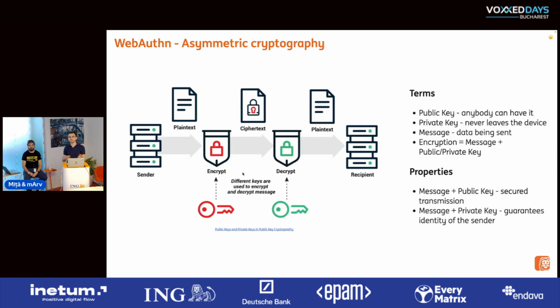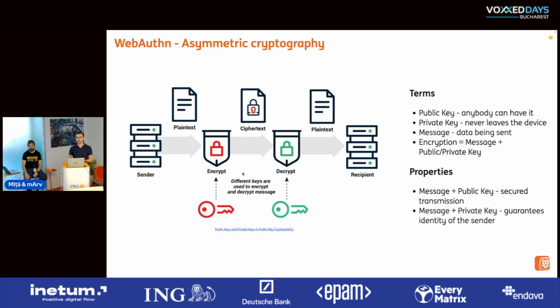And before going any further, we will clarify a little bit the principle behind web authentication. So we say that there is a strong public key-based credential. And what does it mean? When you send a message over the channel and you encrypt it with the public key, you get a secure transmission because only the one having the private key can understand the original message.